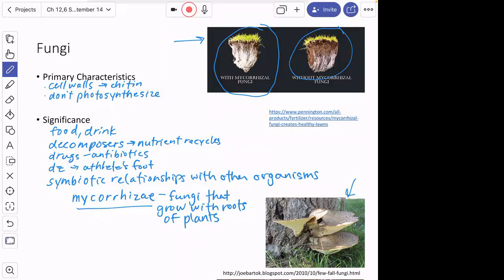So again, fungi can be beneficial. Now they can be bad, right? There can be certain fungi, like the disease that killed all the elm trees in the US, that was a fungus. But they can also form these root associations that we know are very helpful and very common.